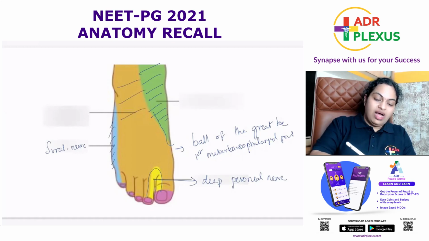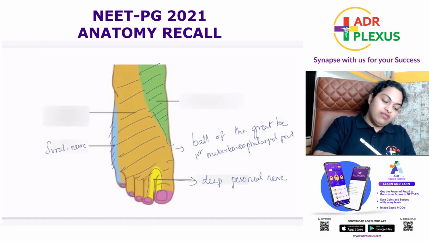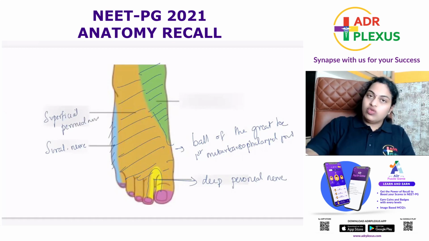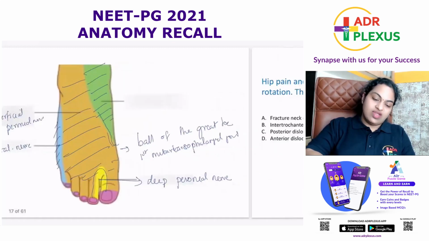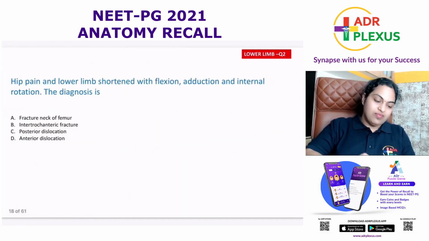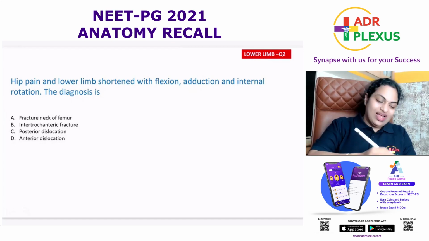The major part of the dorsum of the foot is going to receive its sensory supply from, any idea? The superficial peroneal nerve. So in our case, the sensation was lost along the medial side of the dorsum of the foot. So the nerve involved is saphenous nerve. Even this question was discussed in a rapid revision just before the exams. Okay. So this is a question related to anatomy.